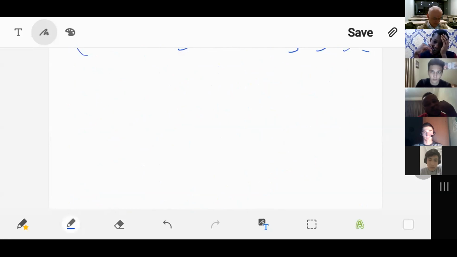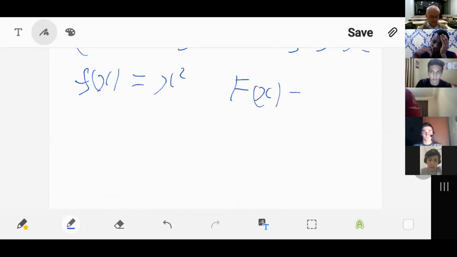If we have the function f(x) equals x squared, the antiderivative of this function, let's denote it by capital F, is x cubed over 3. So, Sandro is not correct. Do you agree? I think you will agree because we have just proved it.